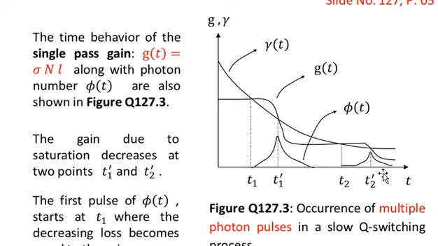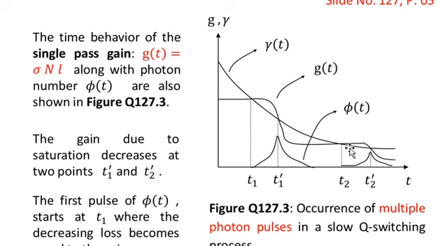But you see that multiple pulses can also occur in the Q switching process, provided the gamma curve starts from the very top, and the gain also starts from the very top. If the gain is very high and the losses are very high, then of course the gain could be greater than the net losses at multiple times, and multiple peaks can be seen in this curve.